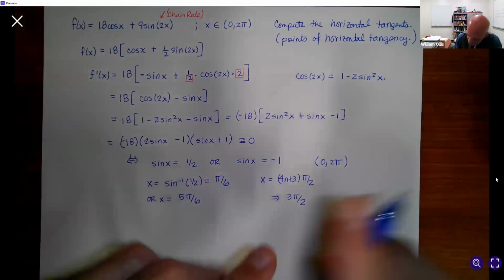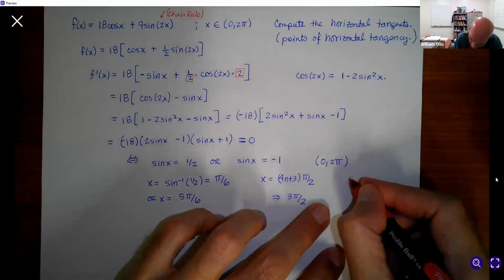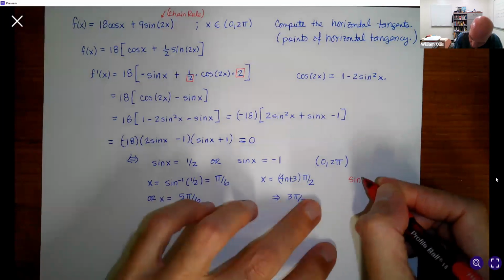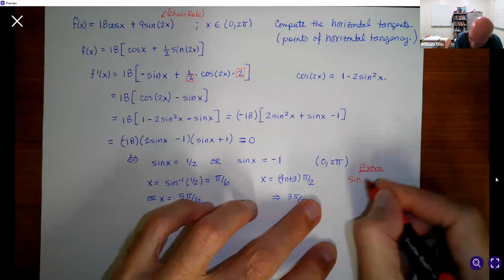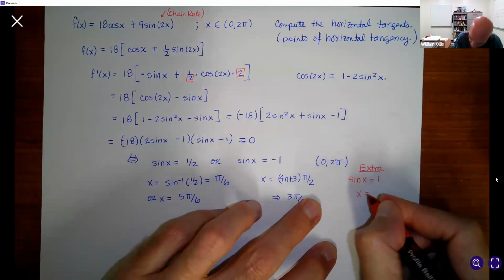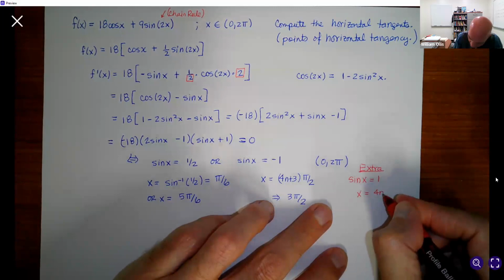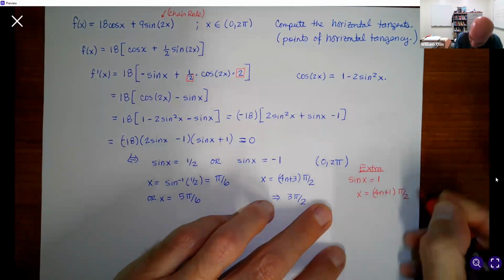So again, just as a review, this is just an extra, just to have you review it. Here's an extra. We have sine x equal 1. So x is just 4n plus 1 times pi over 2. So that's the extra bit.